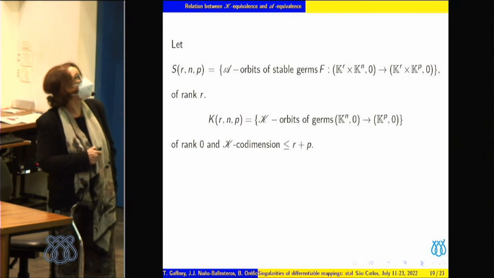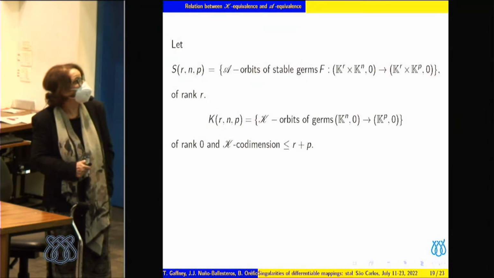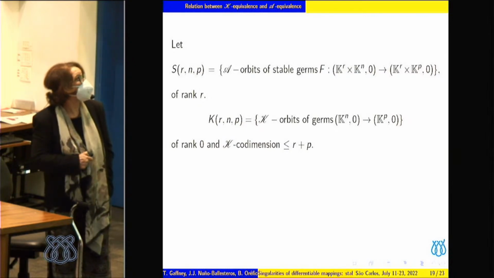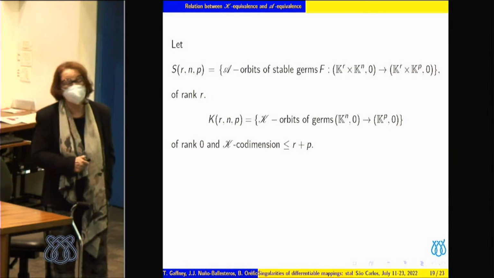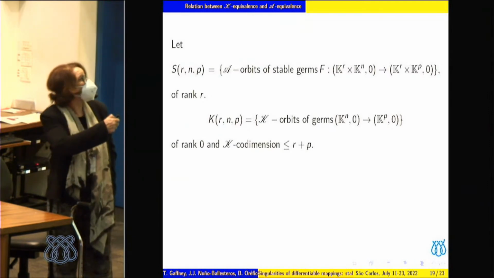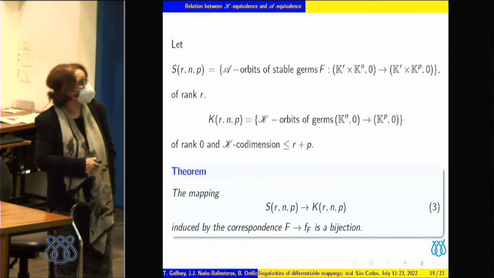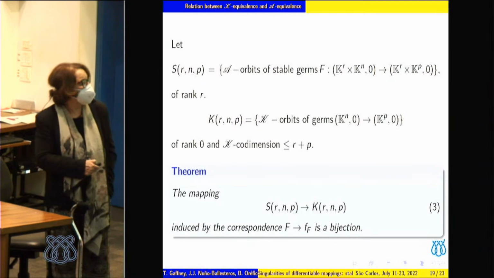If I denote by S(r,p) the set of A orbits of stable germs of rank r, and denote by K(r,p) the K orbits of germs from K^n to K^p of rank 0 and K codimension less than or equal to r plus p, we can establish a correspondence between these two sets just by, as I said before, given an F, making it correspond to little f.